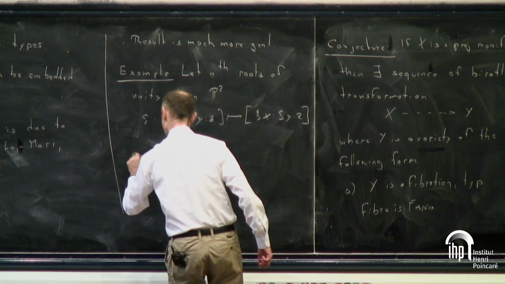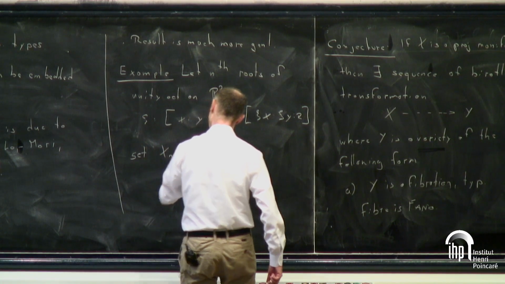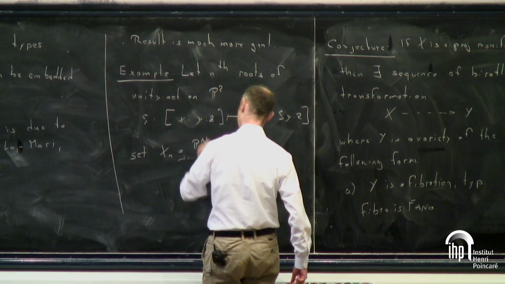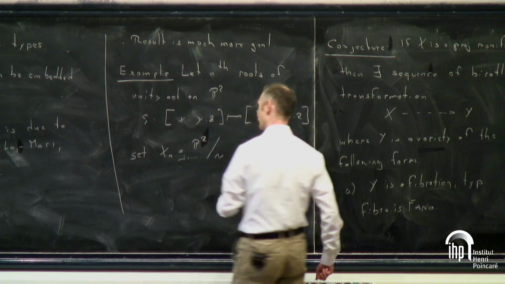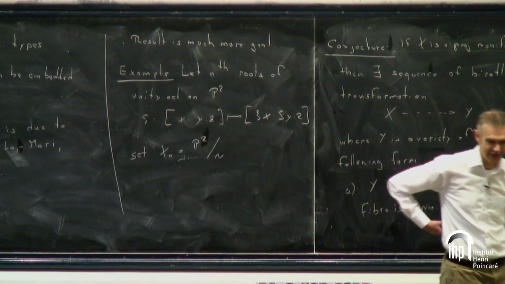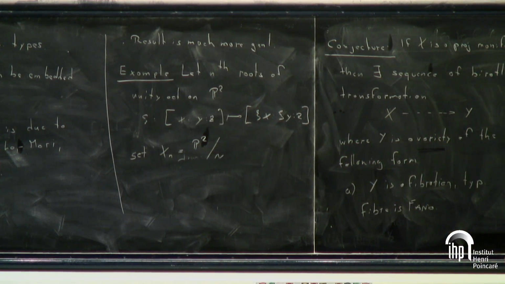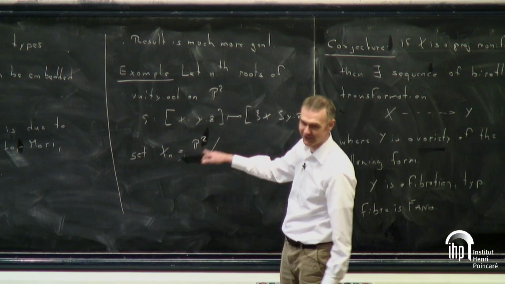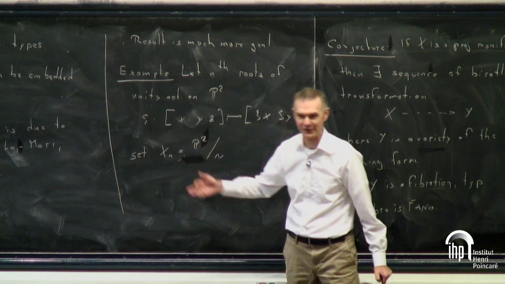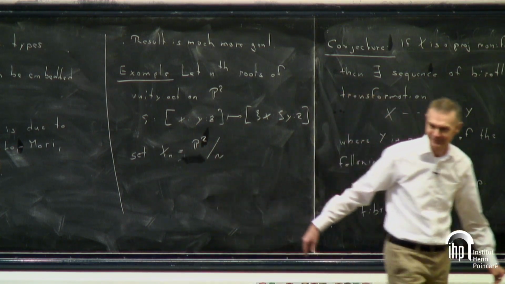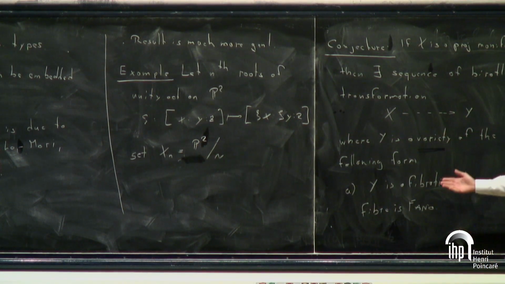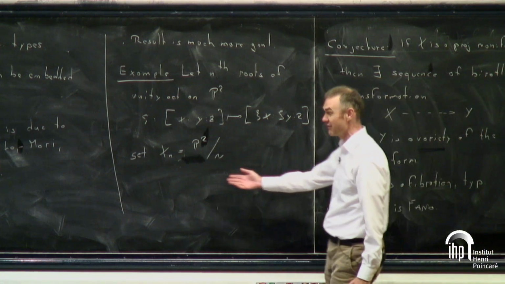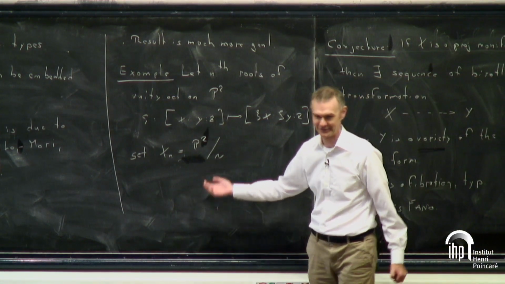So set X_n is P2 modulo this action. Then these are quotient surfaces, so they have quotient singularities, and you might ask how bad can this be? Quotient singularities are not so bad. Whether the canonical bundle here is a Q bundle or not, that question is all trivial. Come on, it's a quotient. And the curvature of this is also, I mean, if anything deserves to be Fano, it's this, right?